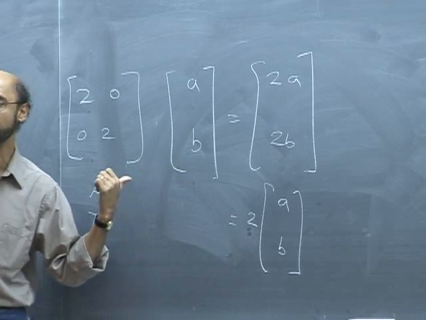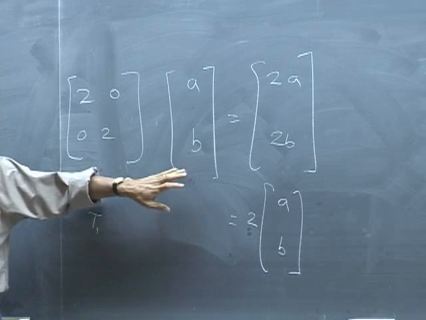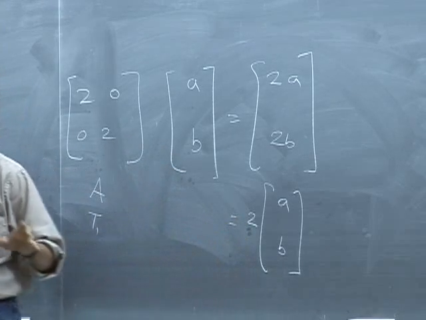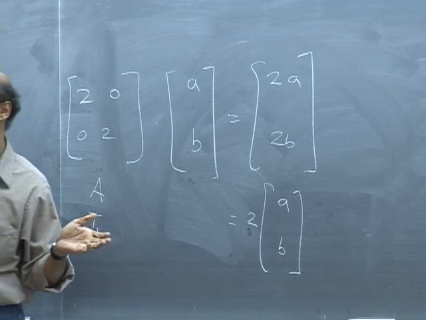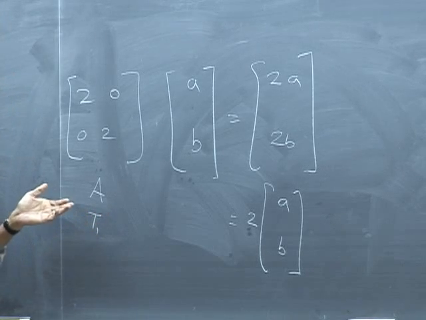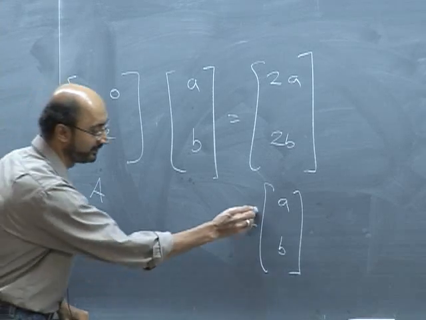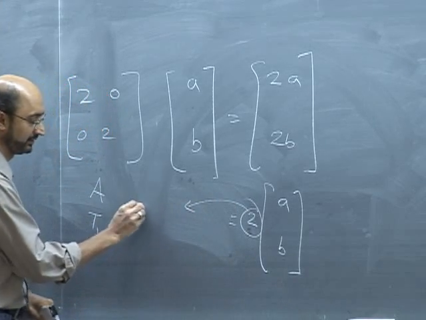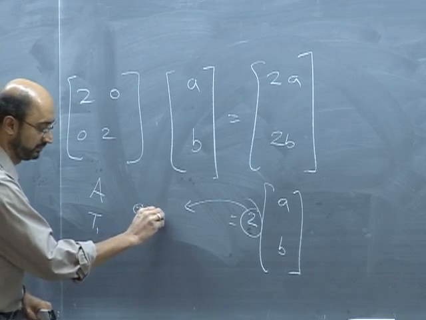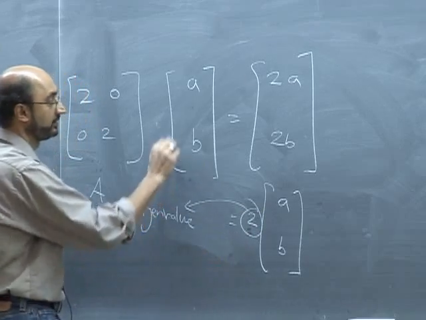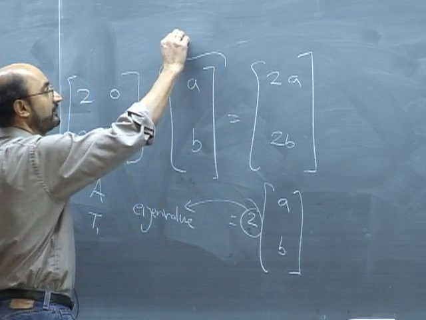For a general matrix, you can only do it for certain vectors, and for those vectors, the multiples turn out to be certain values. These are called the eigenvectors and eigenvalues. This multiple over here is called the eigenvalue, and the vector for which it works is called the eigenvector.